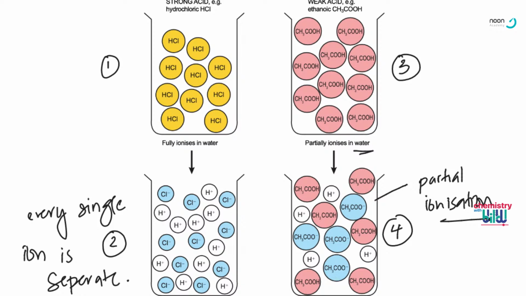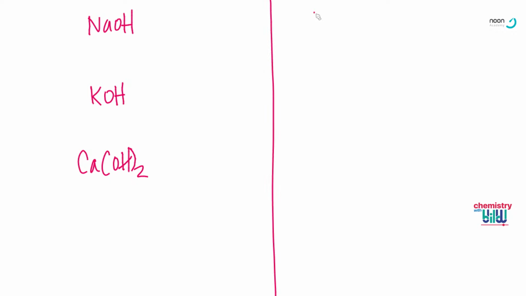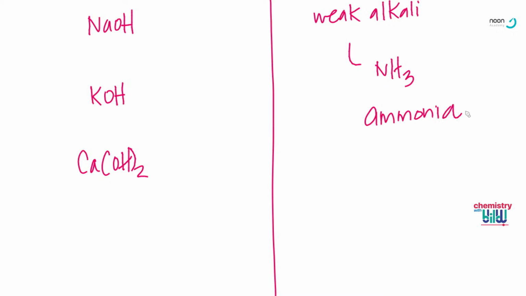Yes, obviously, Miral, there is strong and weak alkalis too. I'll just give you by name quickly. So, basically, what we realize is that NaOH is strong, KOH is strong, calcium hydroxide is strong, and the only weak alkali you are to know is ammonia. बाकी सब आपके लिए are strong.